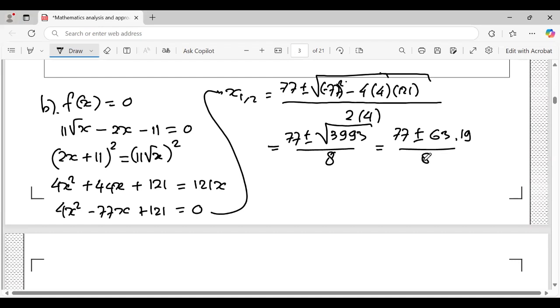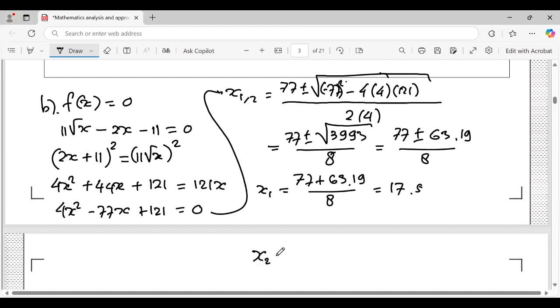It becomes 77 plus or minus 63.19 over 8. So x1 is 77 plus 63.19 over 8, which is 17.5.